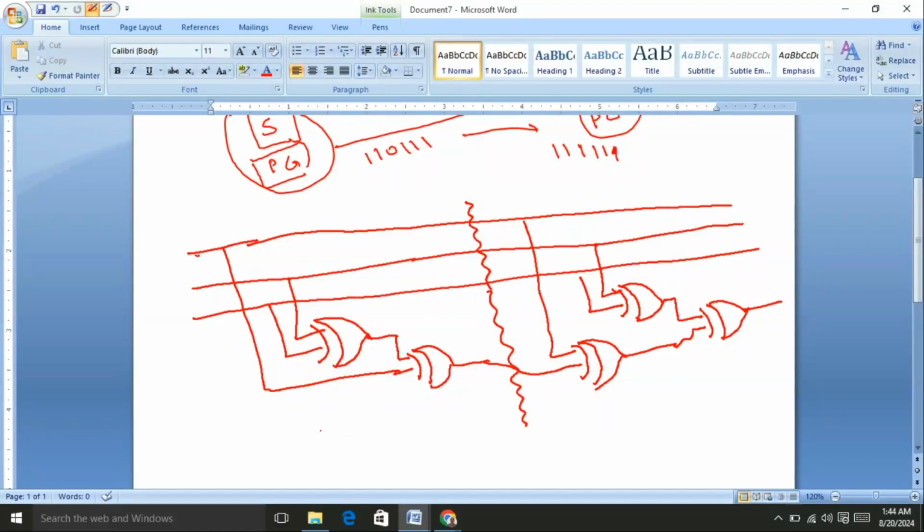The left side part works as a parity generator and the right side part works as a parity checker. So a single circuit consists of both the parity generator and checker. I hope you can understand this concept. Thank you.